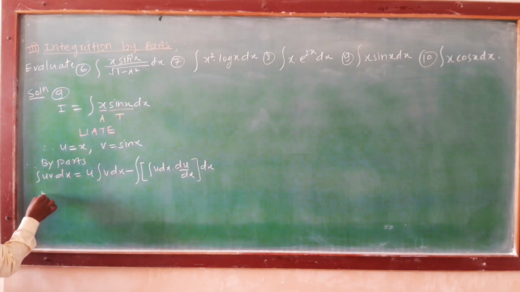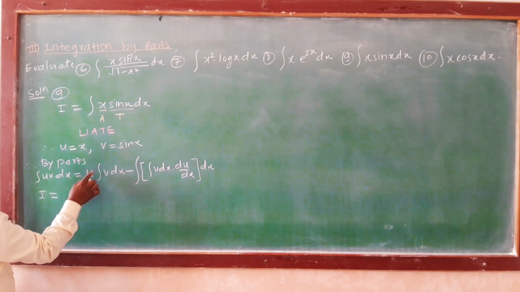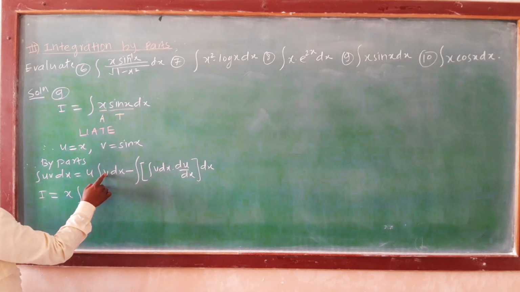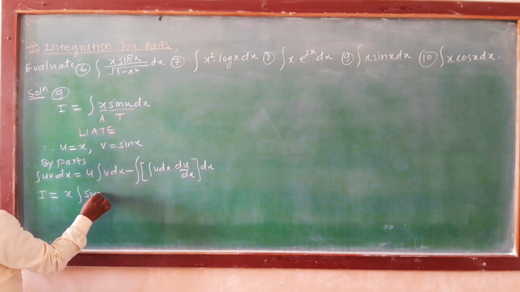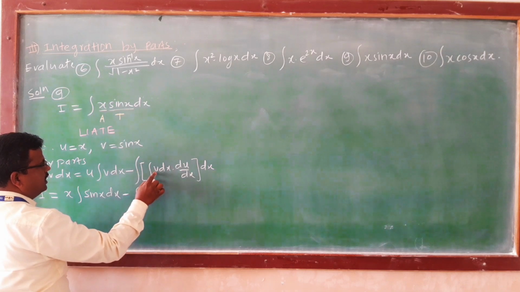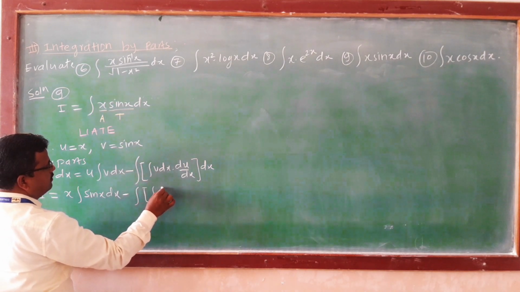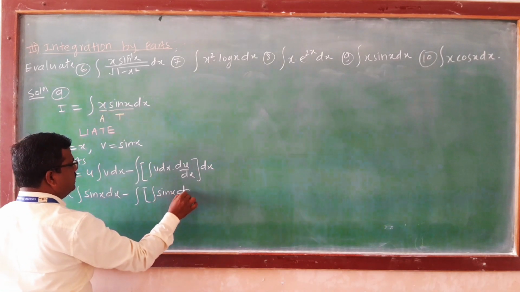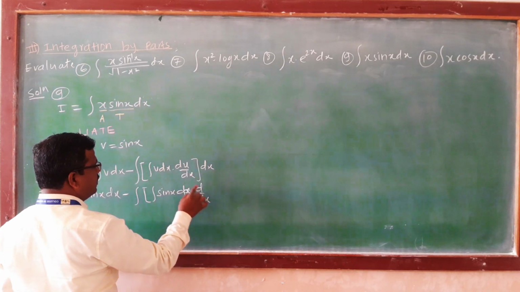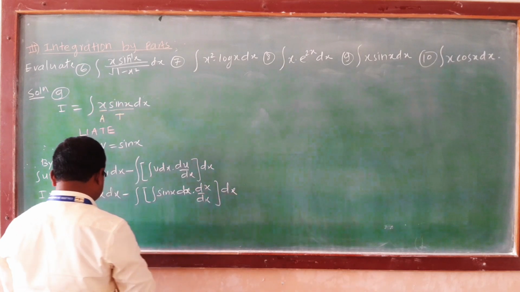So therefore I is equal to, now put u is x and v is sin x in this formula: u means x, integration of v means integration of sin x dx, minus integration of integration of sin x dx into d by dx of u means x, bracket complete, with respect to x.